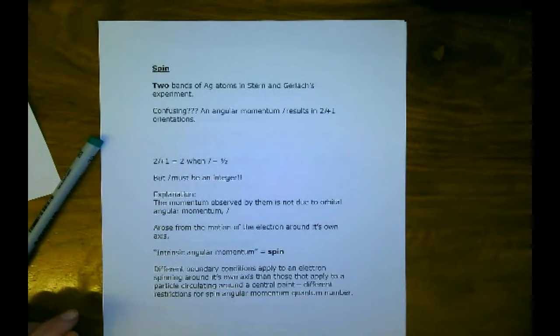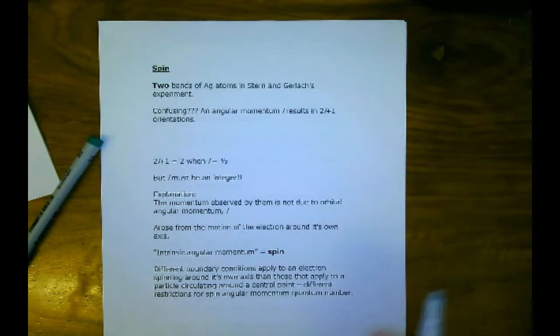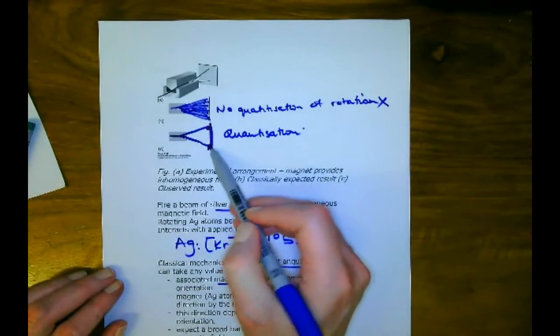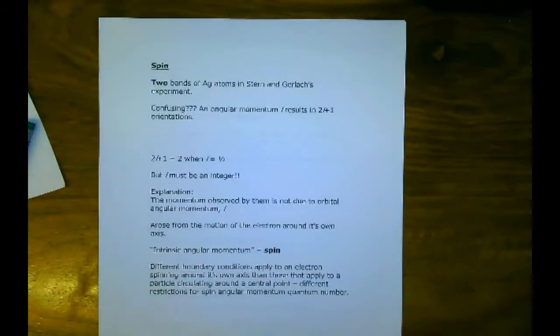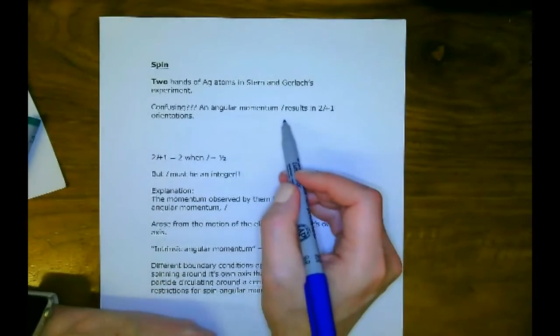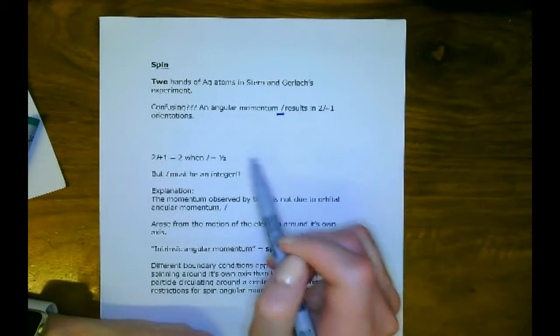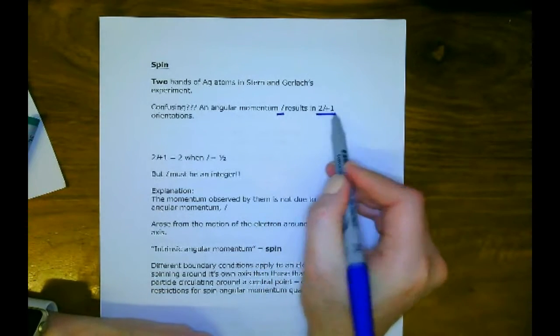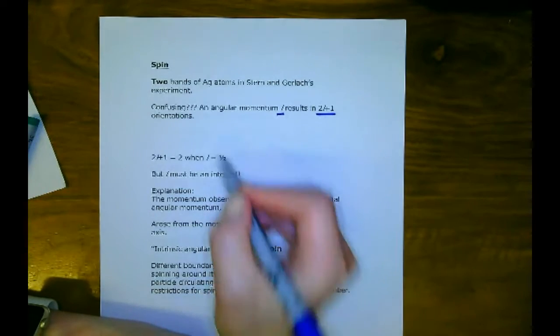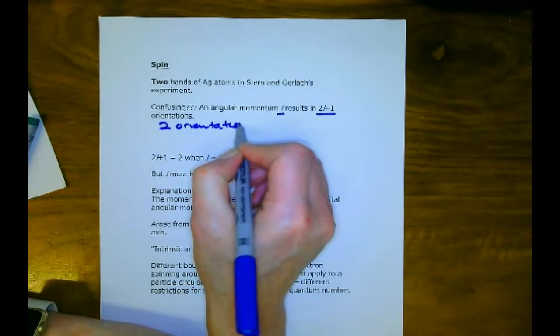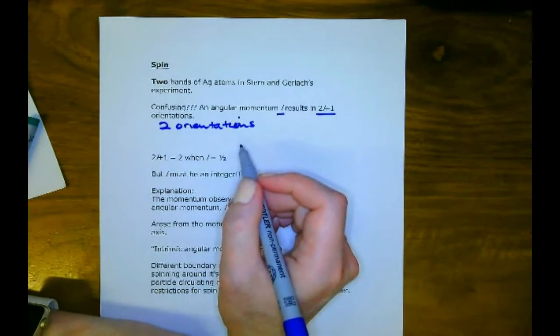Okay, so let's go back to the Stern and Gerlach experiment. Like we saw here, they observed two different spots or bands in the experiment. But this is a bit confusing. For a specific angular momentum L, you have 2L plus 1 orientations. Now we have two orientations, or two bands.